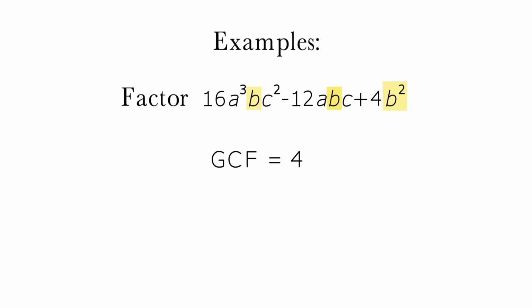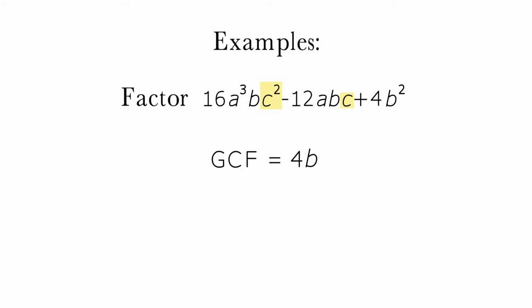Next, we look at the b's. The first term contains one factor of b, the second term also contains one factor of b, and the third term contains two factors of b. Each term contains at least one factor of b, so the greatest common factor contains a factor of b as well. Finally, let's look at the c's. The first term contains two factors of c, the second term contains one factor of c, and the third term contains no factors of c.